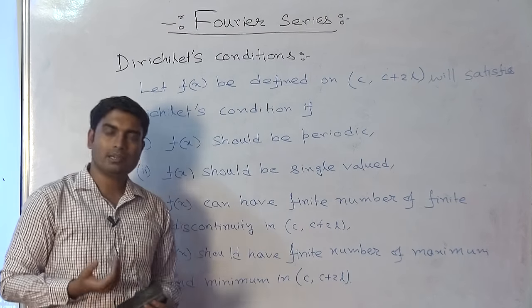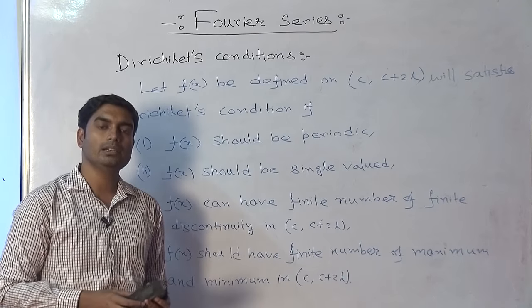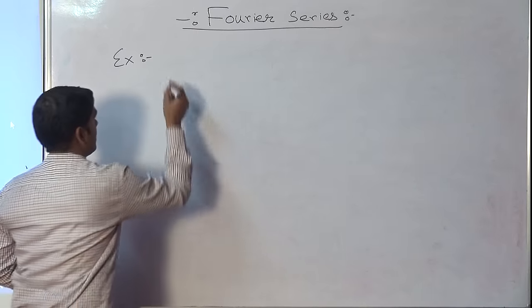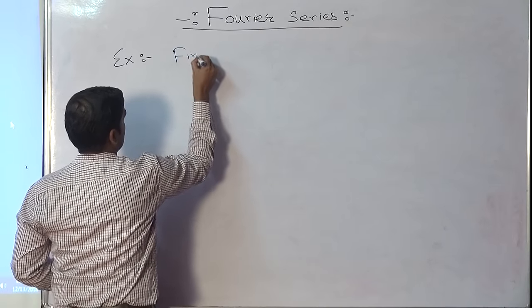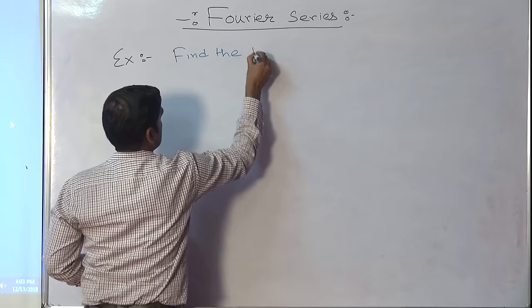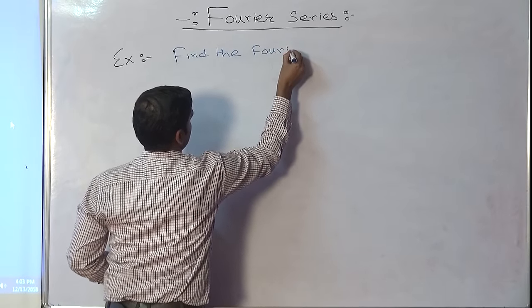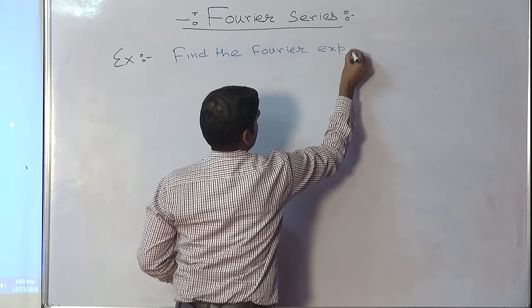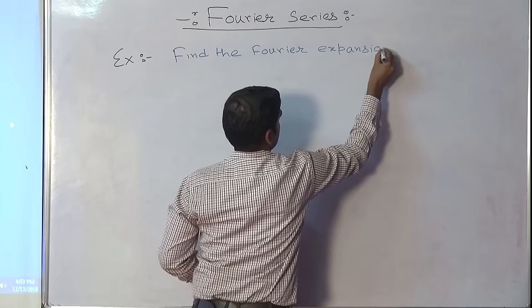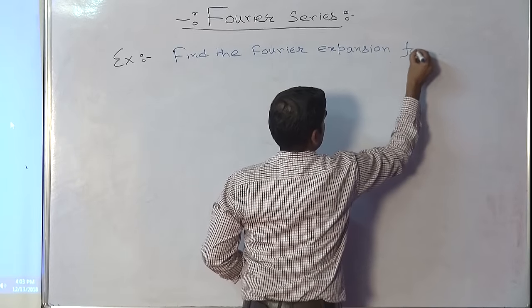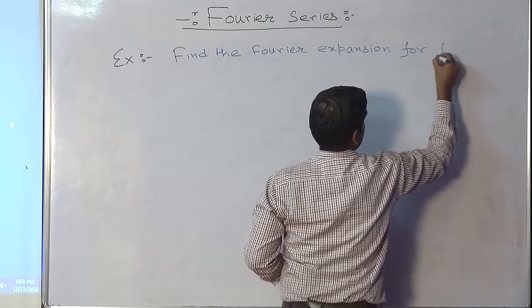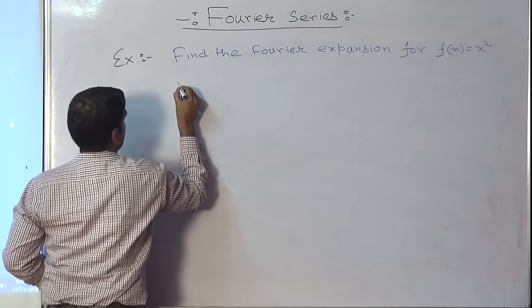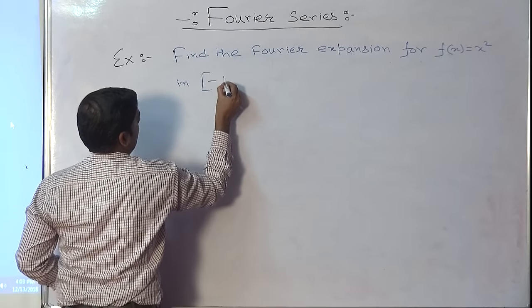Now I will take one example and show you how to find the Fourier series. Find the Fourier series or expansion for f(x) is x square in minus pi to pi.